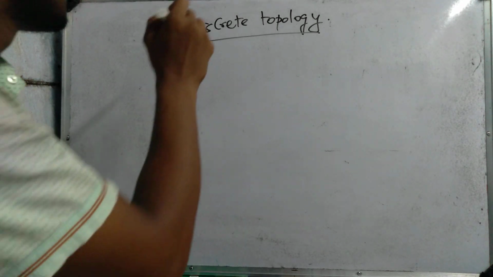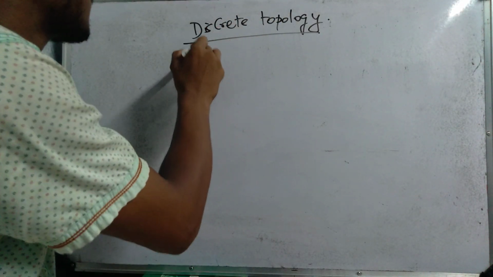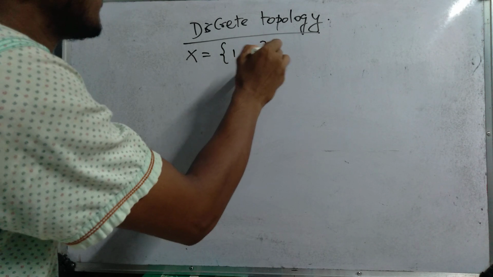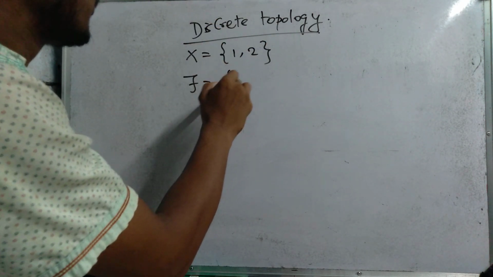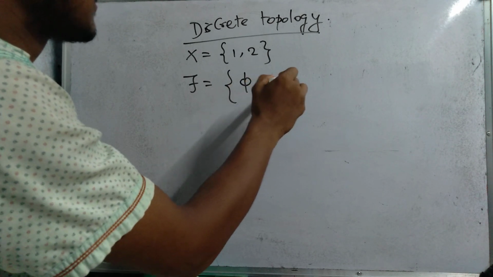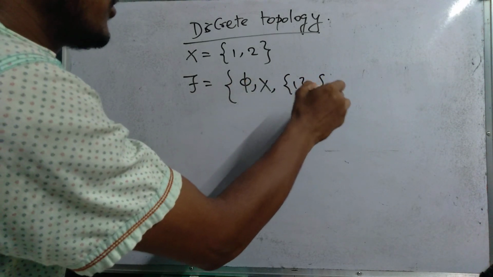How do we construct the basis elements? Suppose X equals {1, 2}. Then the discrete topology is tau equal to phi, X, singleton 1, singleton 2.